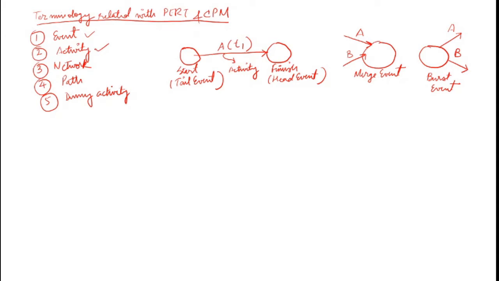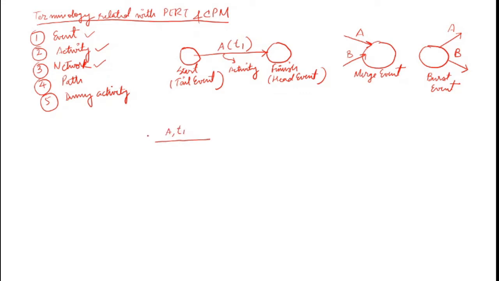Then network is a graphical representation of a project, and it consists of a series of activities arranged in a logical sequence and shows interrelationship between activities. For example, there is an activity A which takes time T1.